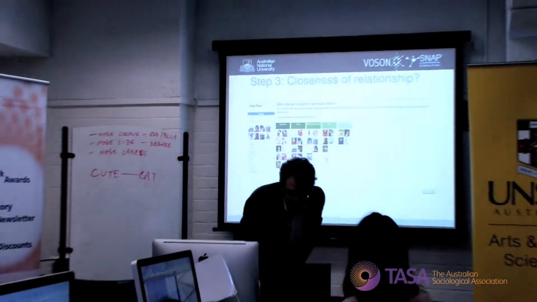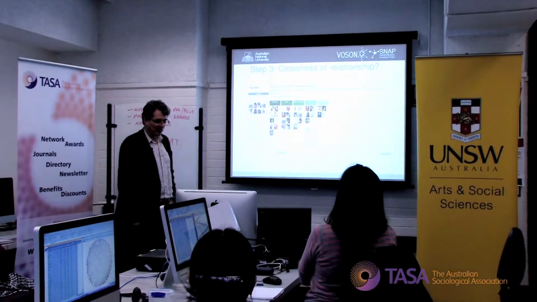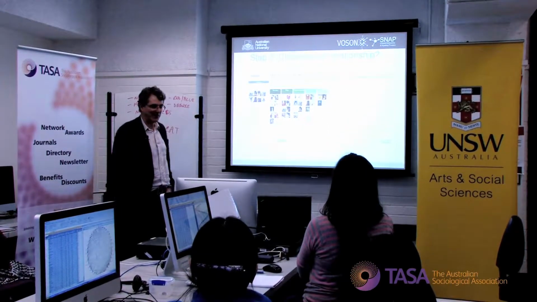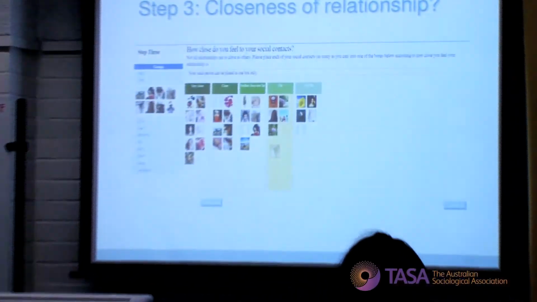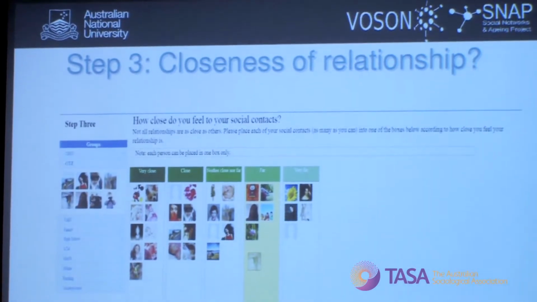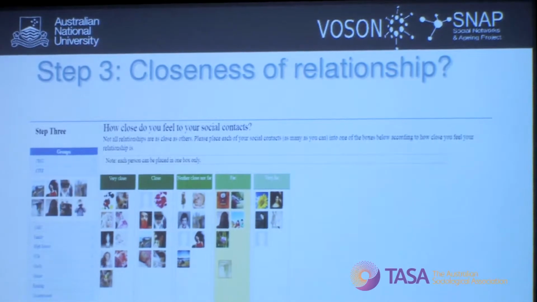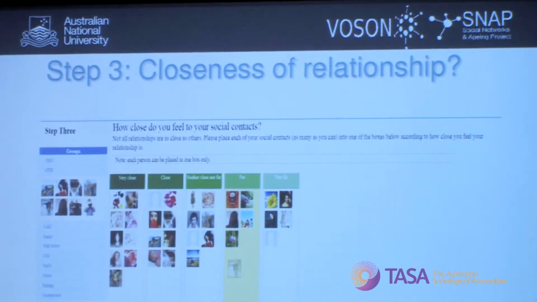The next stage is where I think this tool can be a bit controversial in some ways, but we got ethics approval through the ANU, so we did everything correctly. We asked people to provide some information about the nature of their relationship with other people. This is a way of attaching edge weights to ties in Facebook or social network ties.